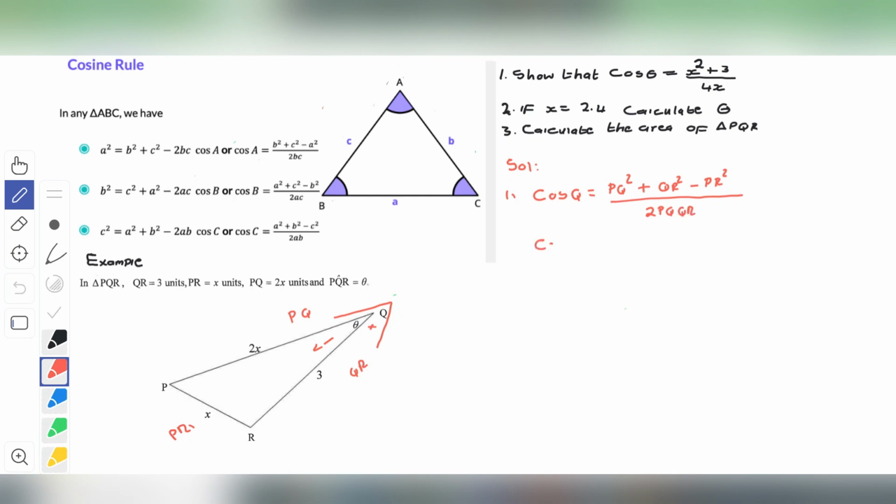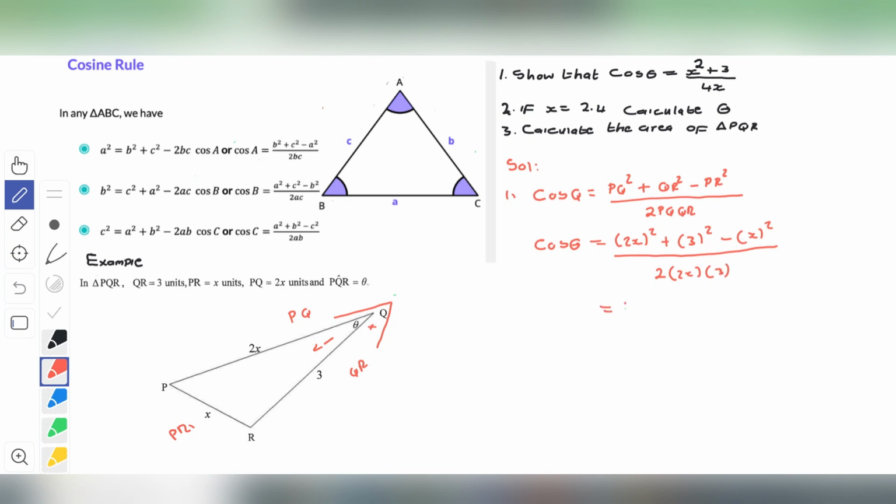So now we know that our cosine of Q, theta, is equals to, what is PQ squared? You can see that PQ squared is equals to 2x squared plus QR squared. QR is 3, therefore 3 squared, minus PR, which is x squared, all over 2 into PQ, which is 2x, and QR, which is 3, right?